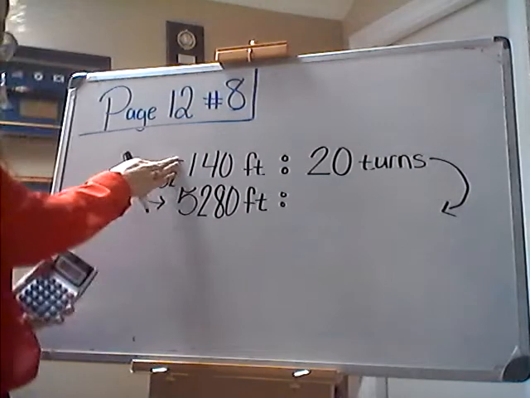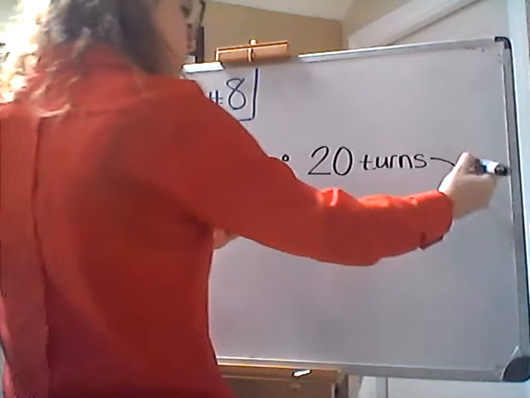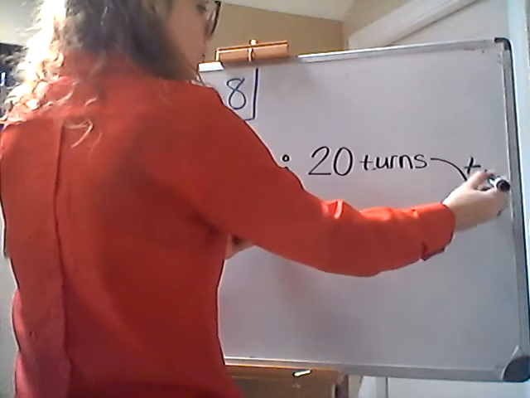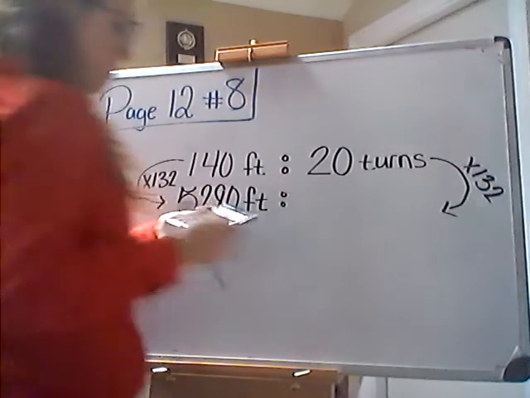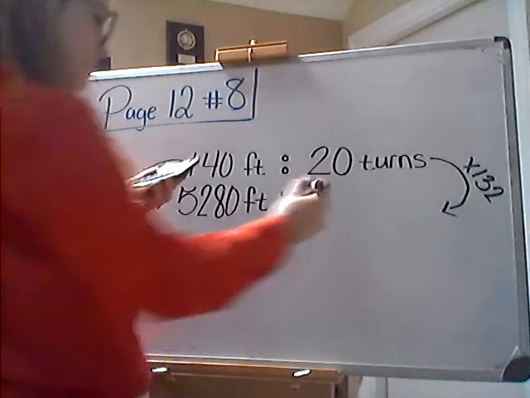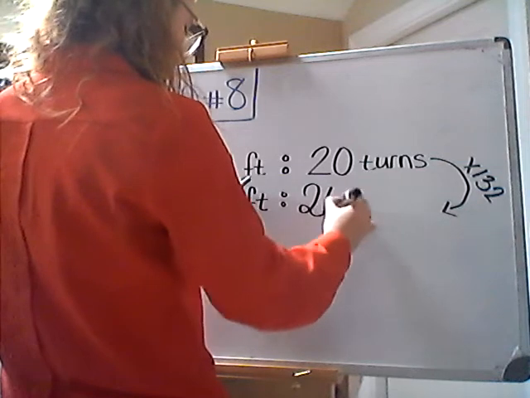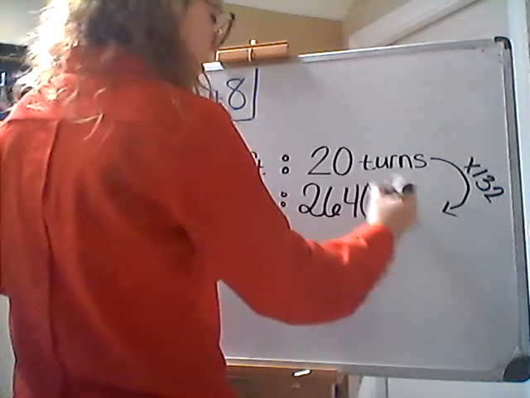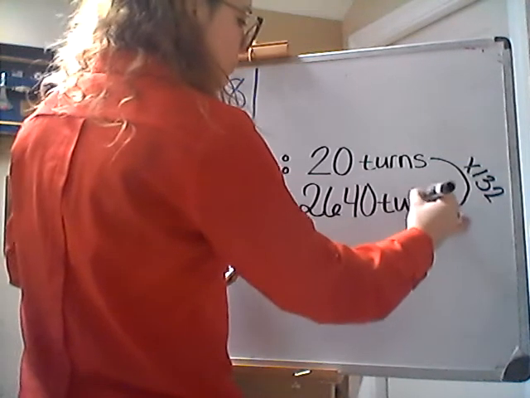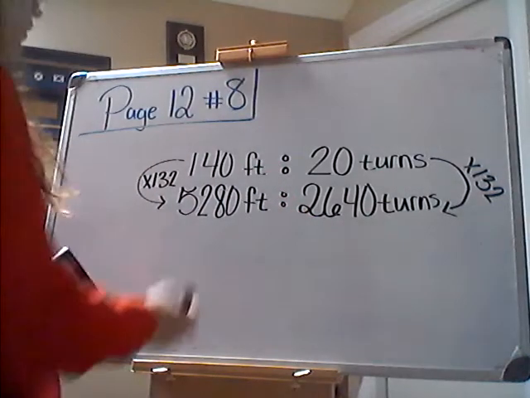If it's 132 times the amount of feet, it's 132 times the amount of turns. So we're going to do times 132 over here as well. 132 times 20 is 2,640 turns. You might think, oh, yay, we're done. It's over.